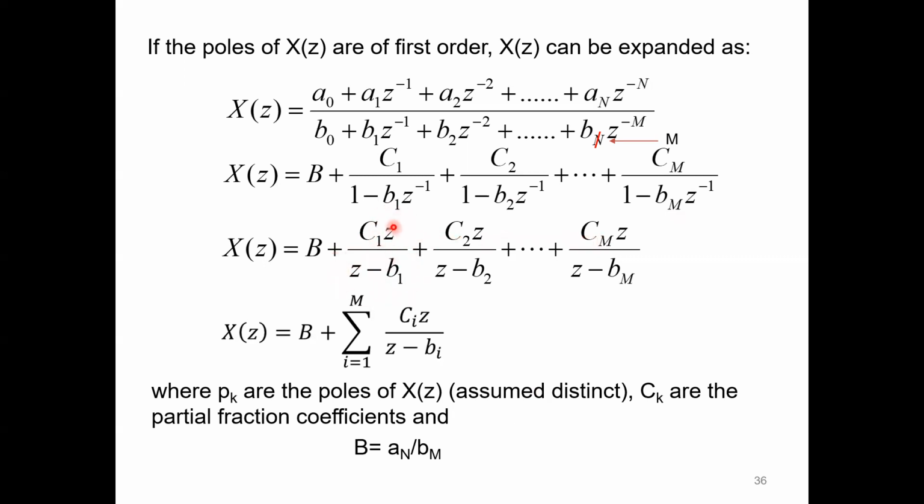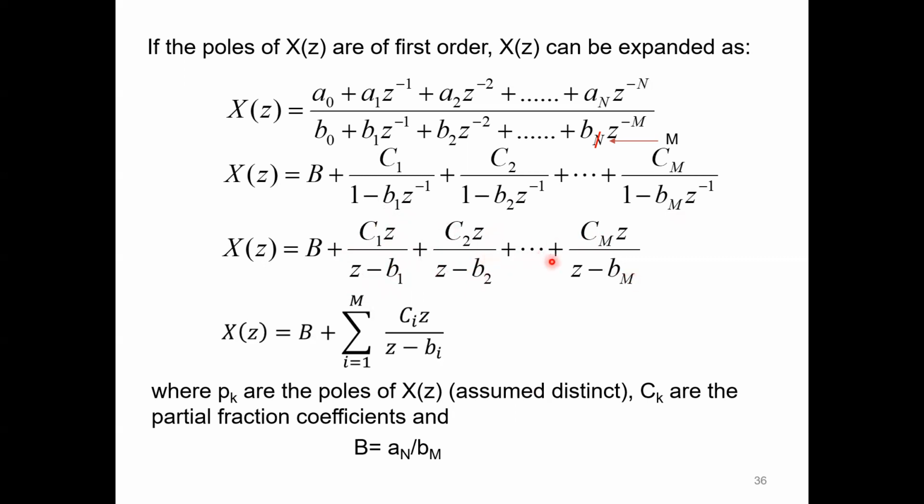What remains there is z over z minus bi, z over z minus b1, here z over z minus b2, and so on. If you go back to the z-transform table, it is very clear. This is actually b1 to the n, this is b2 to the n, and so on.